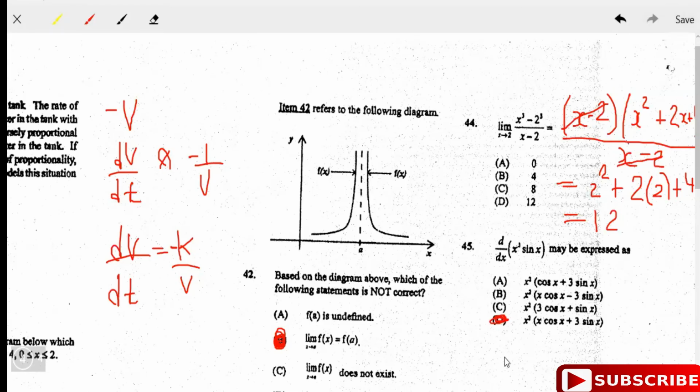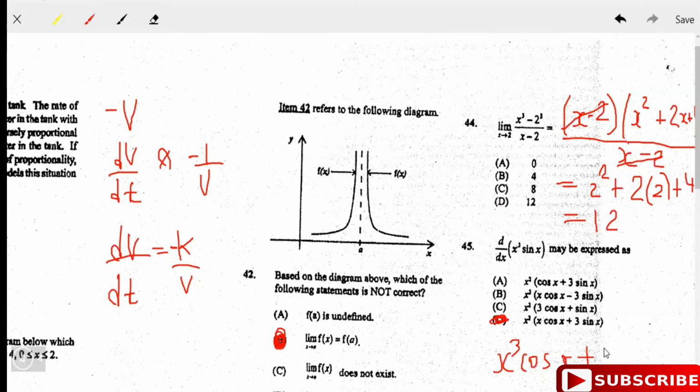So this is how we differentiate this now. Remember, this is your u and this is your v. So it's u dv plus v du. So u dv is x cubed cosine x plus v du.